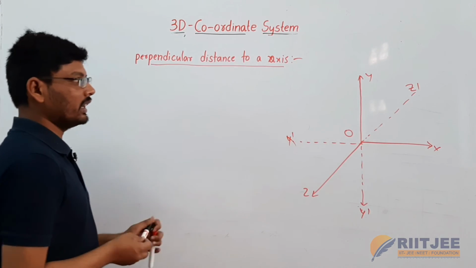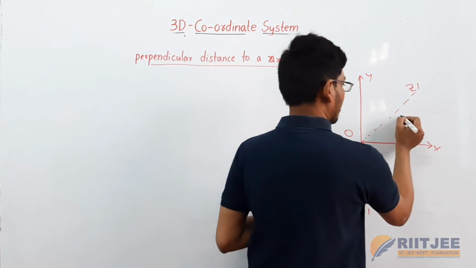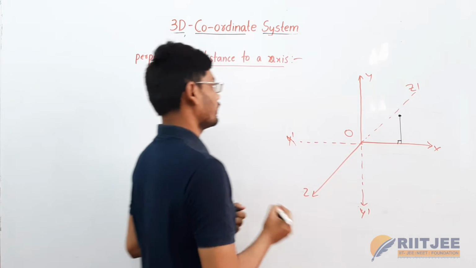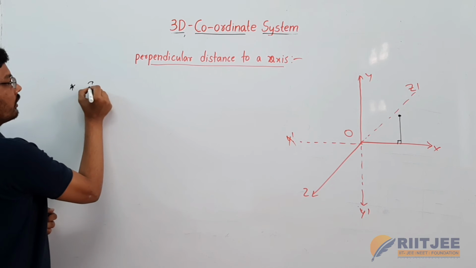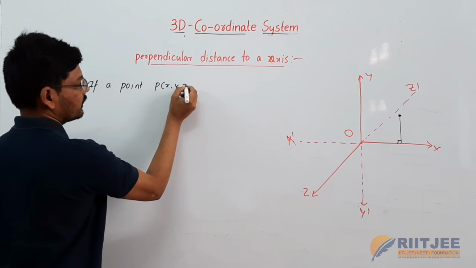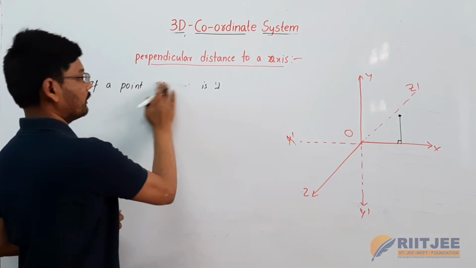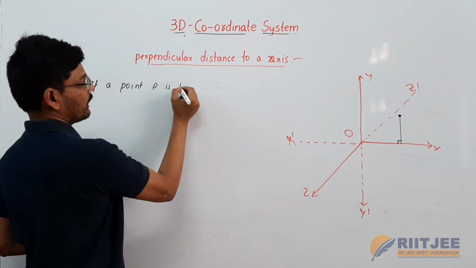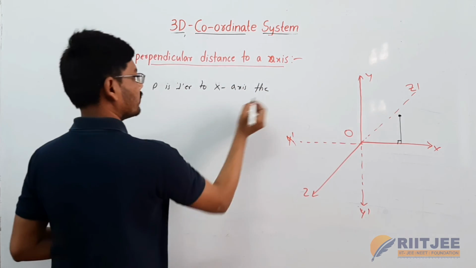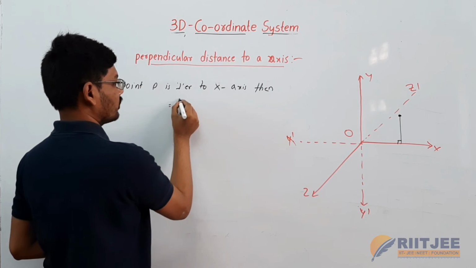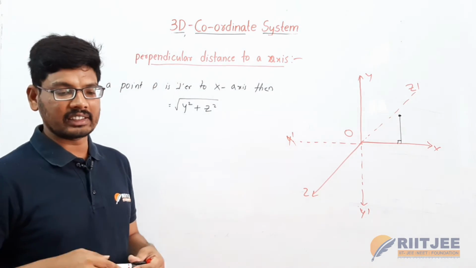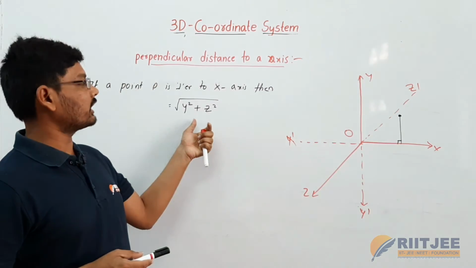If a point P of x comma y comma z is perpendicular to the x axis, then the distance is the square root of y square plus z square.